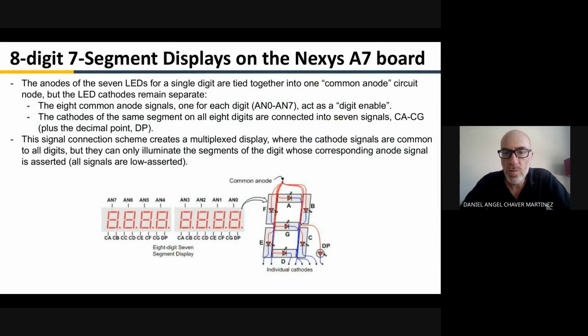Okay, so let's continue. Now that we understand how the physical connection on the board is for this peripheral, we need to provide a hardware that understands that connection and that lets the processor or the core run a program to control that peripheral.